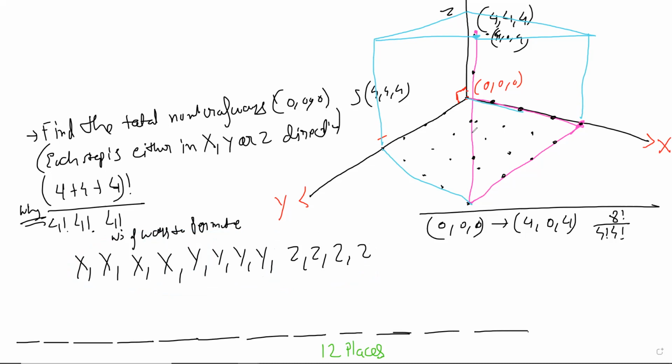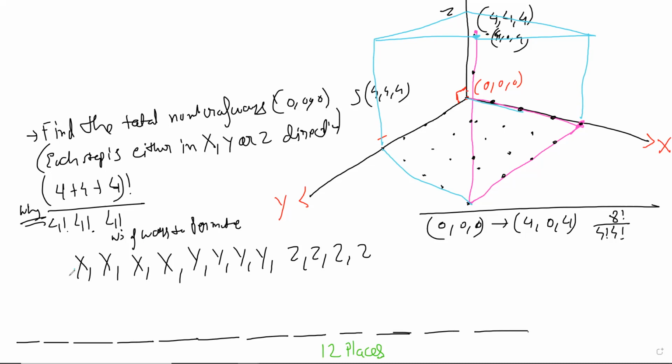Why 4 choices? There are 12 places. Yeah, that's right.